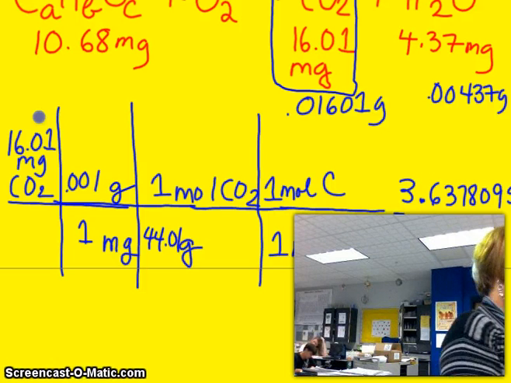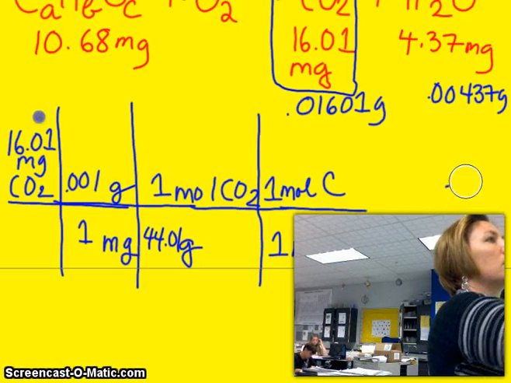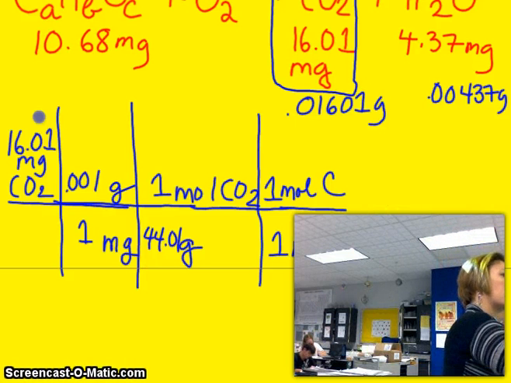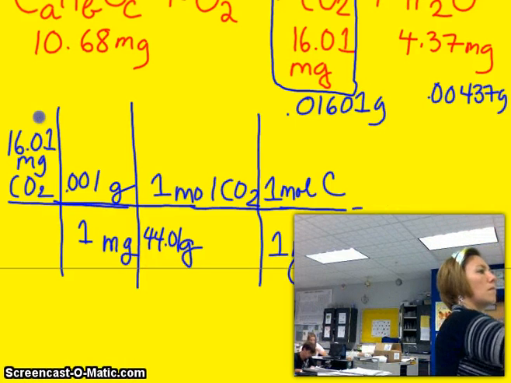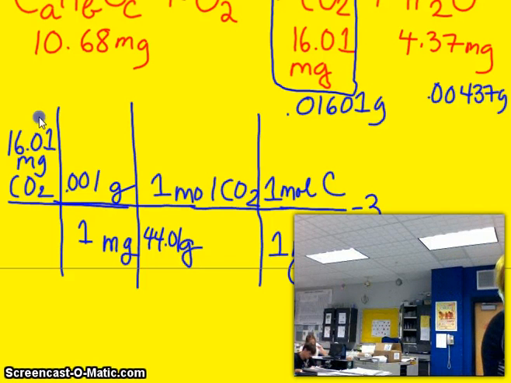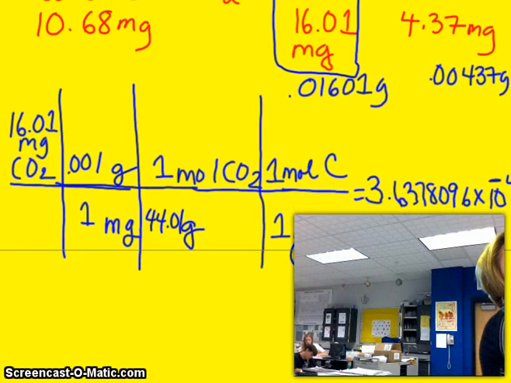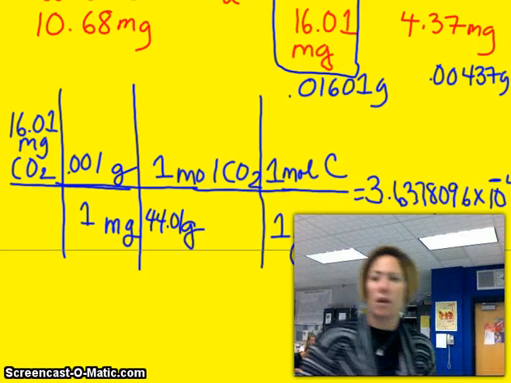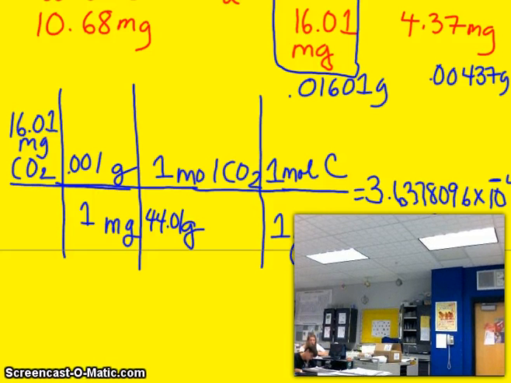Yeah. 3.6378095 times 10 to the negative fourth. Uh-oh. Moles of C. That says times 10 to the negative fourth there, guys. Moles of C. I did just move it, I swear.